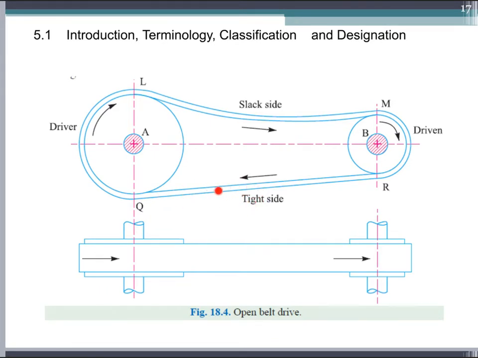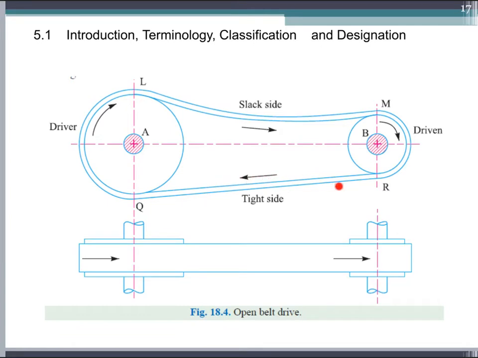As we can see here, this section is the tight side, because of that pulling action given by the driver pulley.